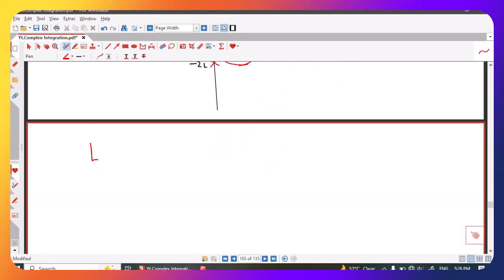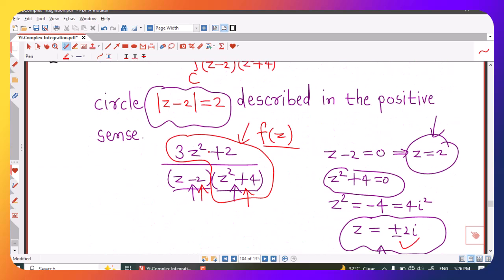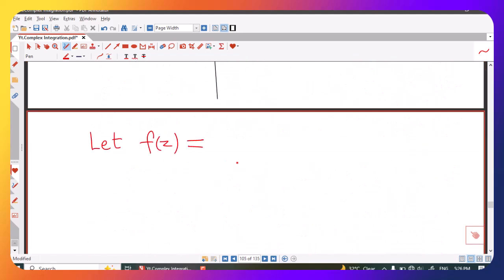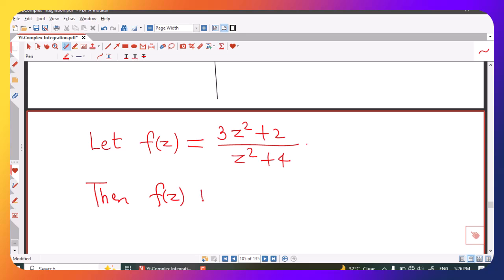So now suppose we consider f of z notation for this part: f of z is 3z square plus 2 divided by z square plus 4. Then first we write down that f of z is analytic at which points.